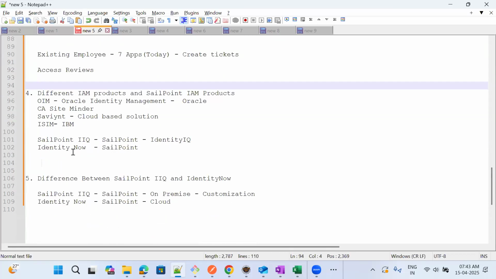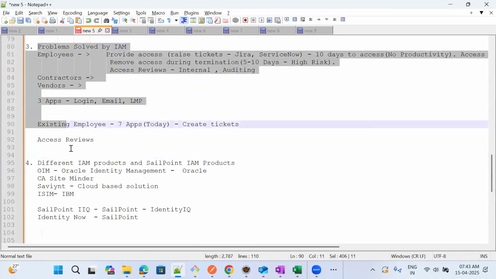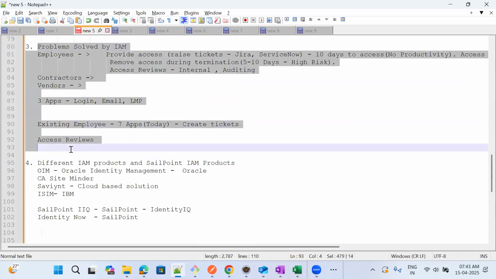Okay, so any doubts in this, or is there any confusion in this section that we have discussed? No, Kalyan, I'm good. Okay, so how about you, Shreya? No, Kalyan.